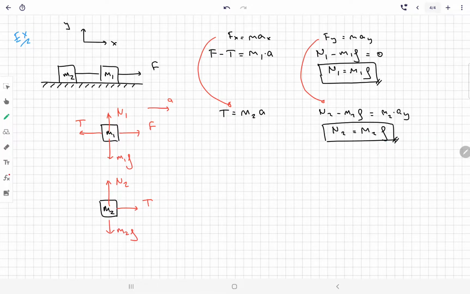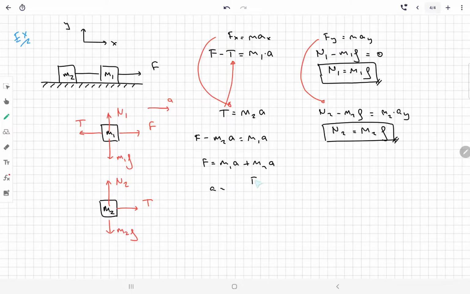So we have these 4 main equations. Let me substitute the tension equation into the first equation. So F minus M2a equals M1a. From here, F equals M1a plus M2a.